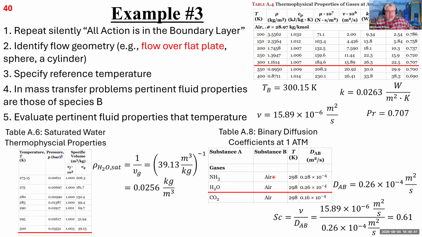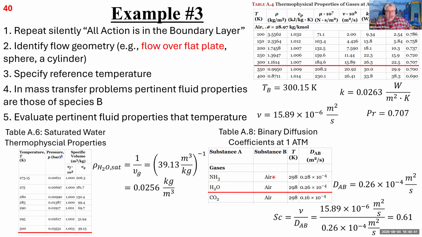That's where I get this value. These all come from tables. I guess if you wanted to have AI look them up, you could, but why bother? It's 300 Kelvin, just look them up in tables. We are going to need a Schmidt number because we're going to have a Sherwood number correlation. The Schmidt number, remember, is the viscosity divided by the diffusion coefficient. Here's the viscosity, here's the diffusion coefficient. It works out to be 0.61.